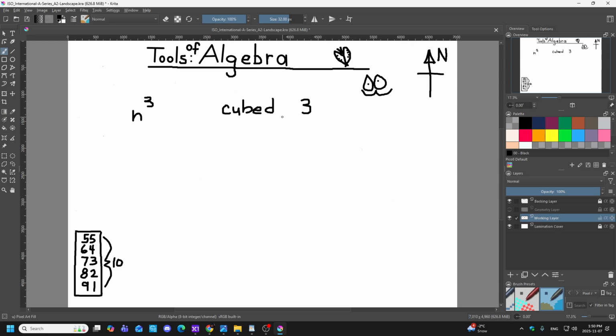And it says divided by 2. So that means n cubed is all divided by 2.